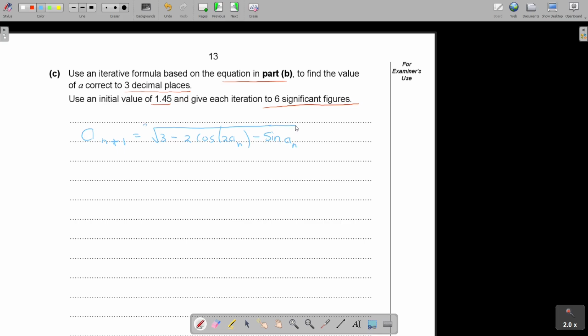That's the one they gave in B. Now, when we wanted to test if there's a root, we took everything to one side and made it equal to 0. But if we want to find the value that it converges to, then we leave it in this format. We don't take everything to one side.